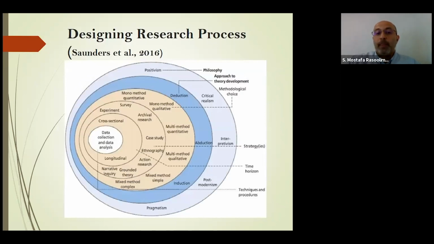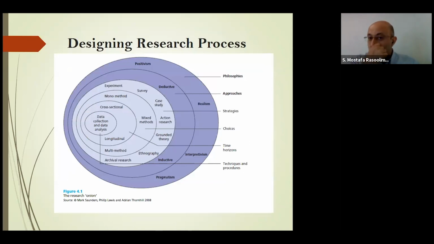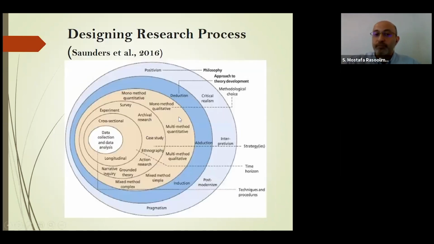In the 2009 version, the third layer is research strategy, and the fourth layer is research method. But in the 2016 version, the third layer is research method or methodological choice, and the fourth layer is research strategy.